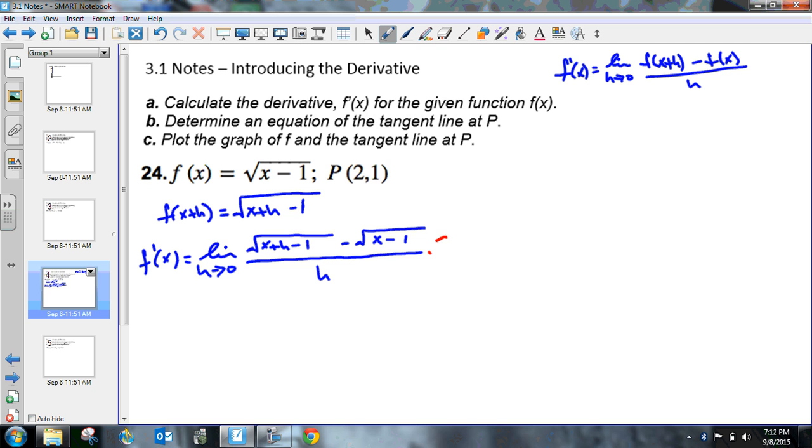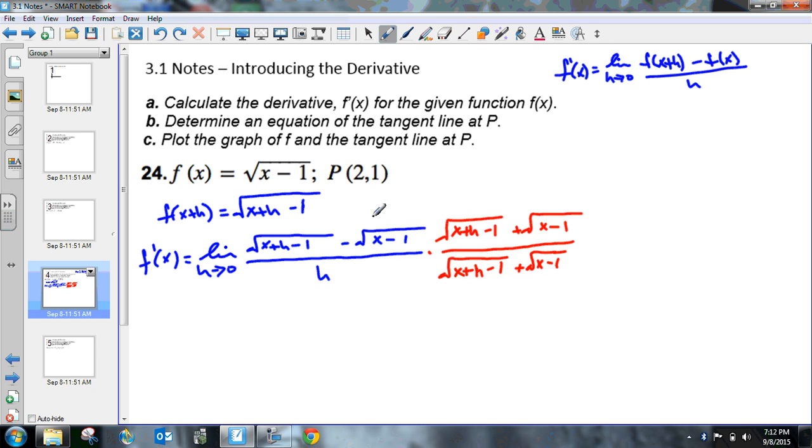I'm going to multiply by the square root of x plus h minus 1 plus the square root of x minus 1, all over that in my denominator, the square root of x plus h minus 1 plus the square root of x minus 1. Okay, so it's a minus 1. Looks terrible. Let me fix that so it looks better. All right, minus 1.